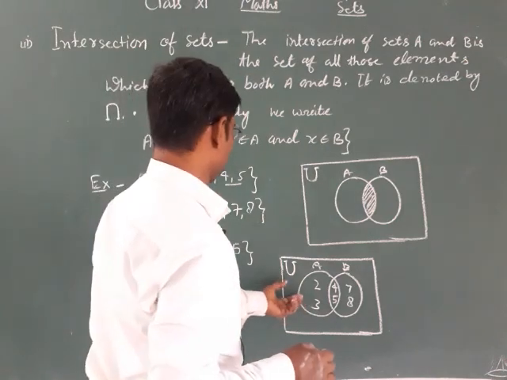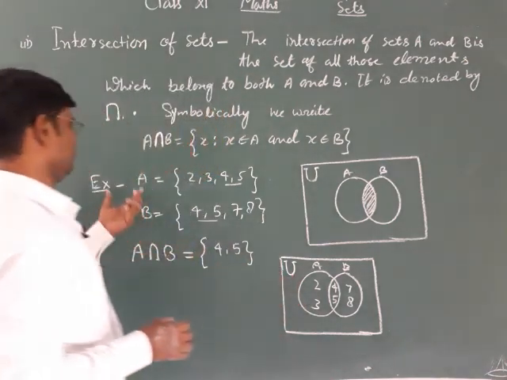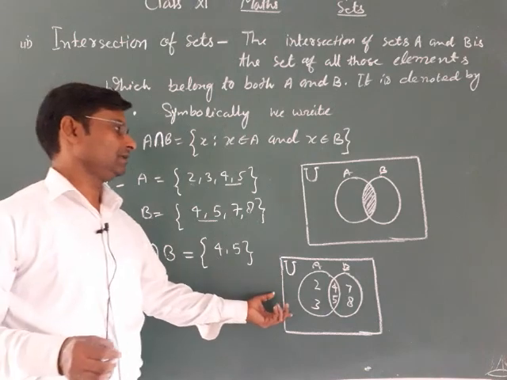This is the Venn diagram of A intersection B.